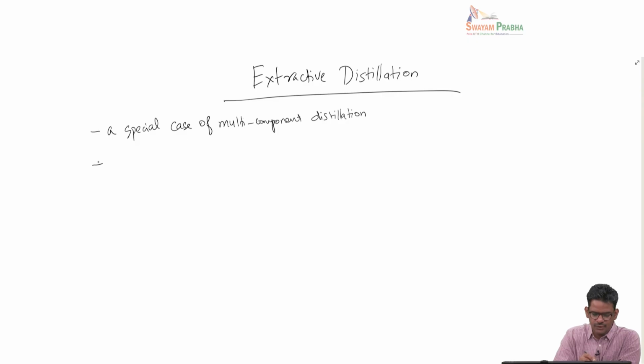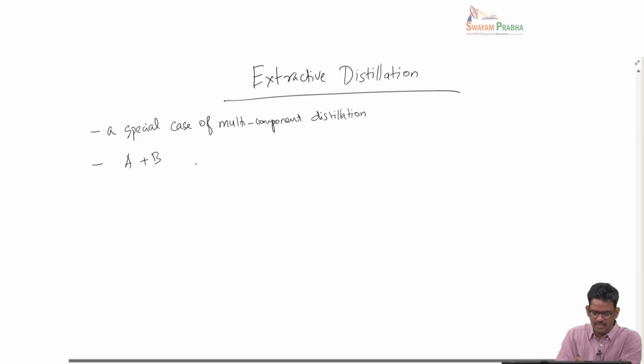In this case, what we do is, to the binary mixture A plus B, having very low alpha, we add a solvent.